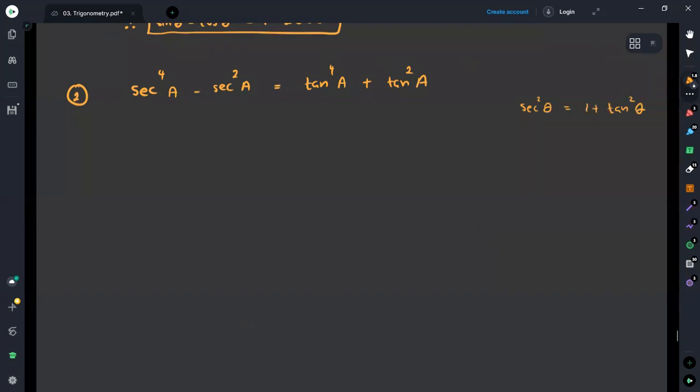We have discussed this: 1 plus tan squared theta equals sec squared theta.